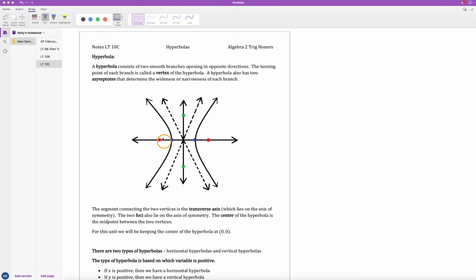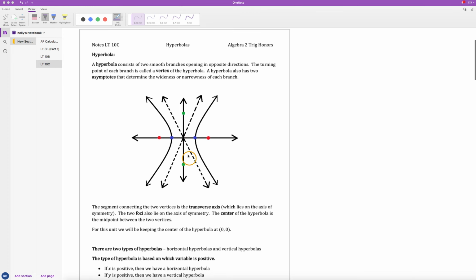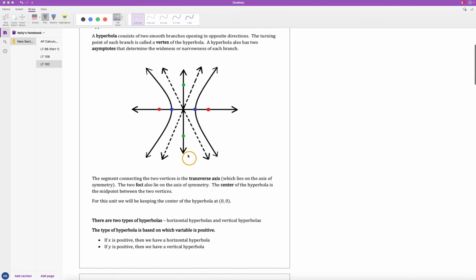Here, the red dots are a focus on the left and a focus on the right as well. The center of a hyperbola is the midpoint between the two vertices. For us, our center here is at (0, 0), and for the rest of this unit, we're going to keep our center at (0, 0). The green points I'll talk about as we get to the definitions, but they help us determine what our asymptotes will be.